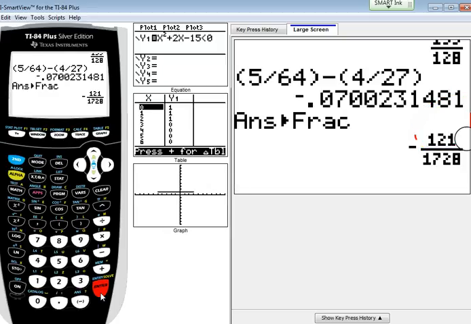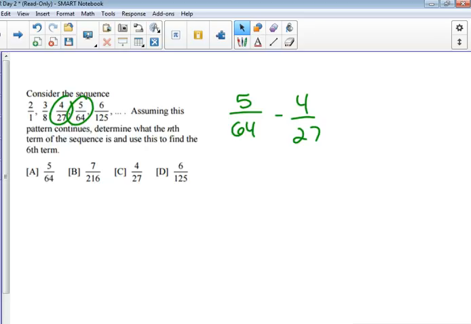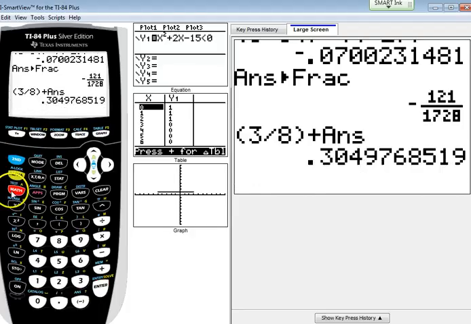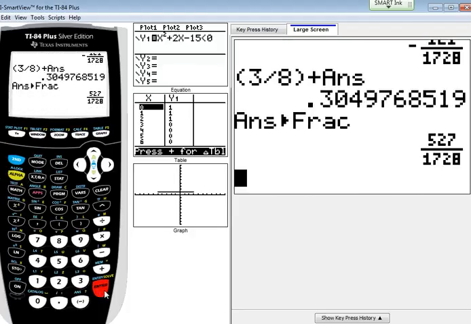So we have a minus 121 over 1728. Now if we took 3/8 and we add that amount, let's see if we'll get the other answer. Oh, it doesn't work either.